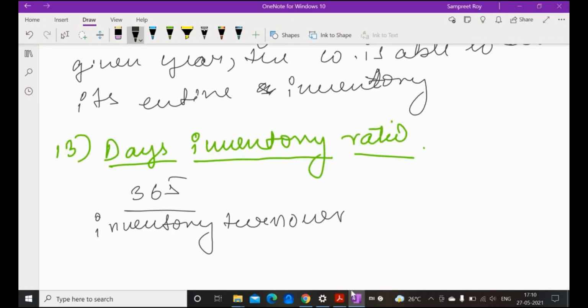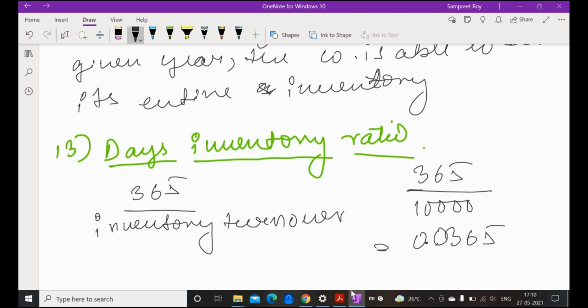Suppose our total inventory turnover is 10,000, right? So 365 by 10,000 will give us 0.365, right? Now what does this indicate? Actually it is 0.0365, right?